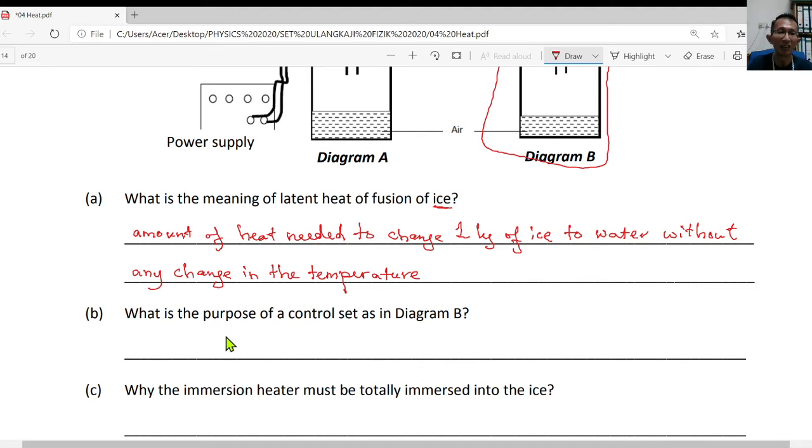Now, what is the purpose of a control set as in diagram B? So I have mentioned this earlier. So it is to determine the mass of ice that has melted due to the surrounding temperature.